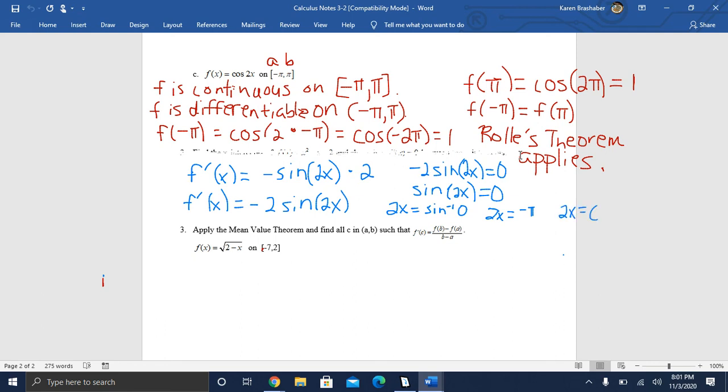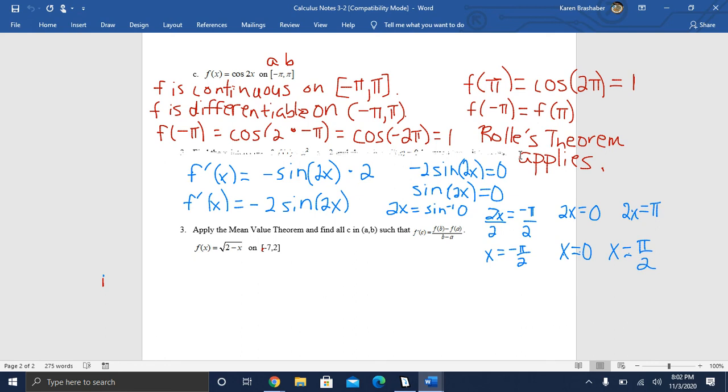All right, and then when I solve, I can divide both sides by 2. I get x equals negative pi over 2. I get x equals 0, and I get x equals pi over 2.